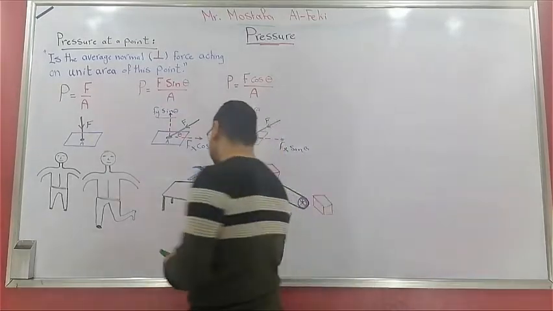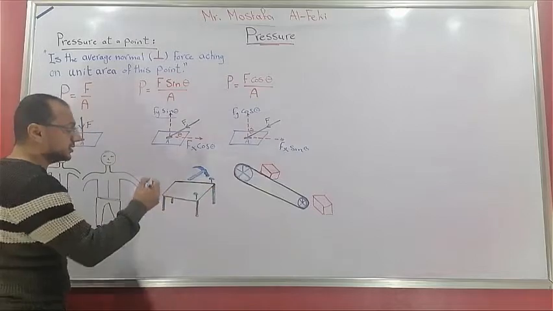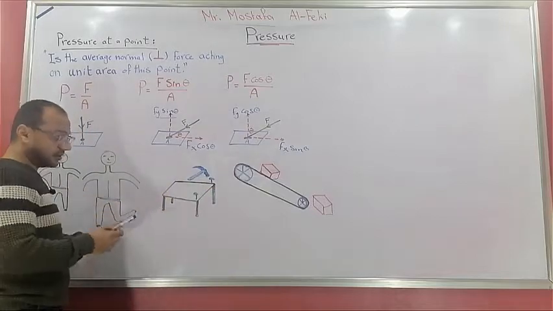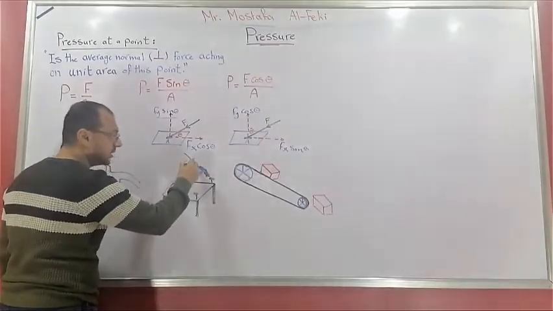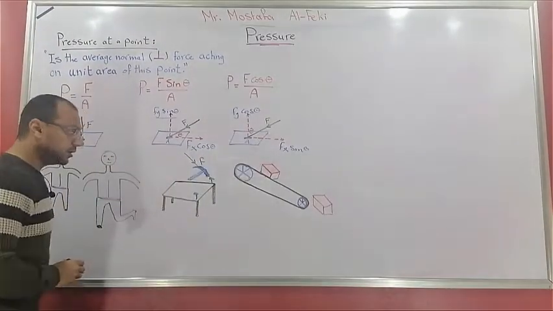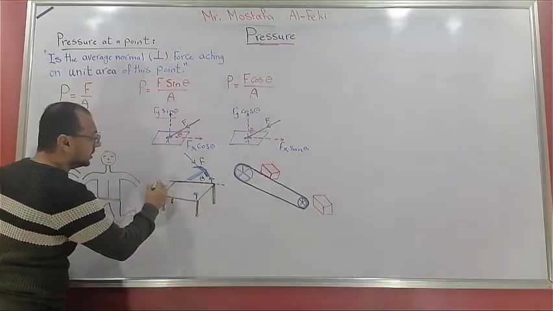In the second case, the hammer acts on the nail by an angle. The force of the hammer, F, makes an angle theta with the horizontal plane.